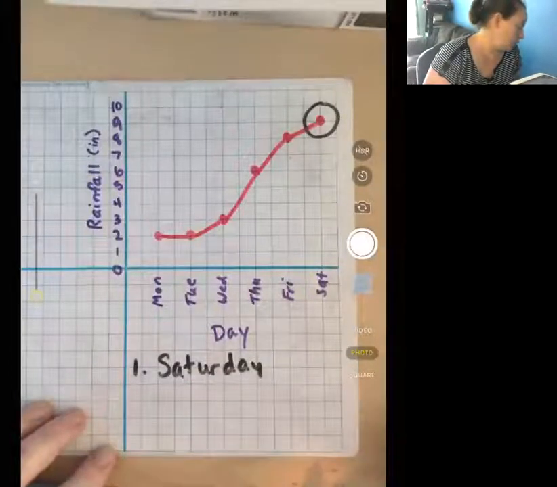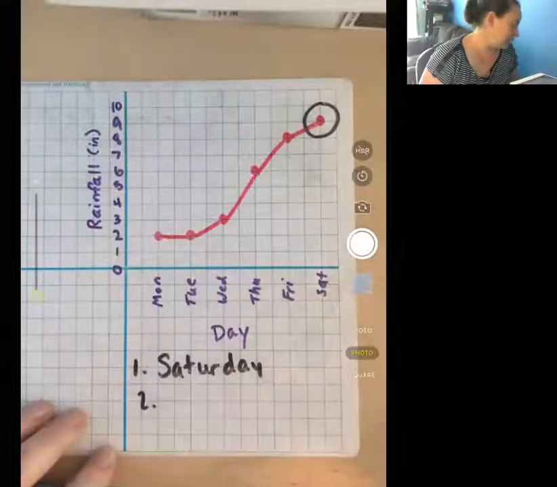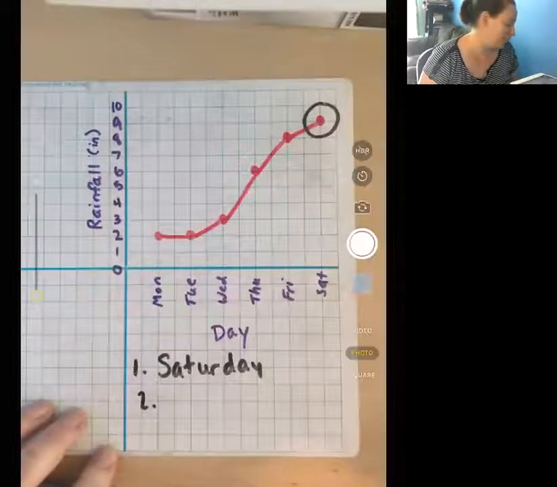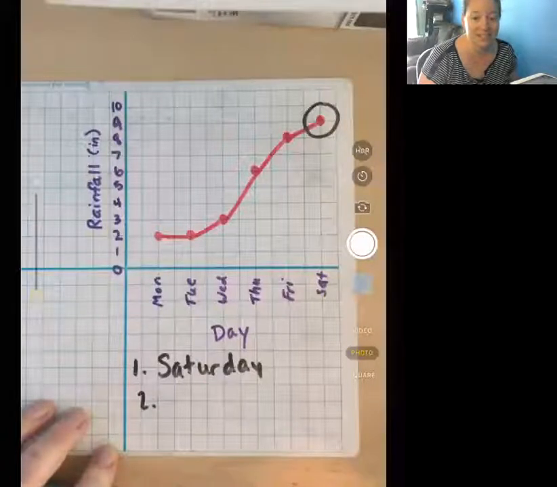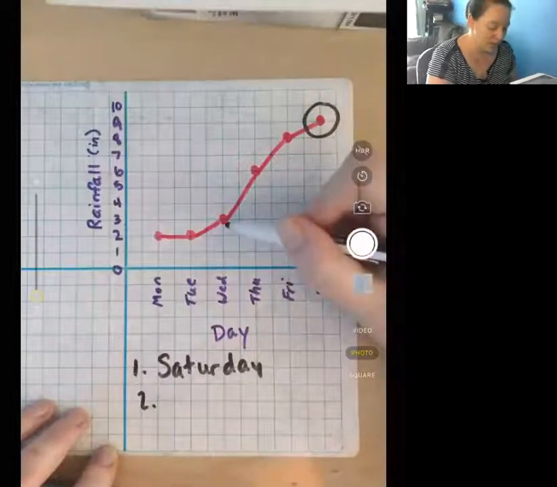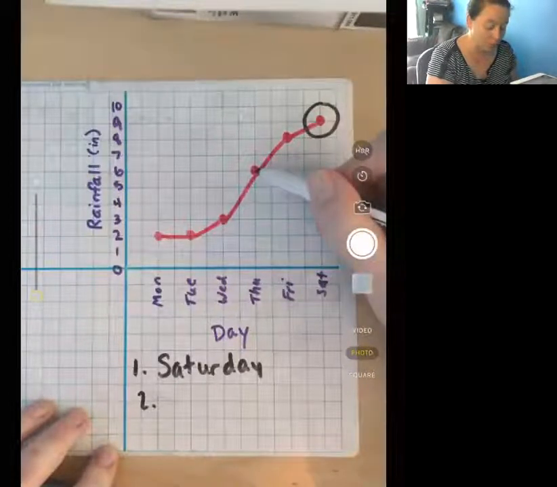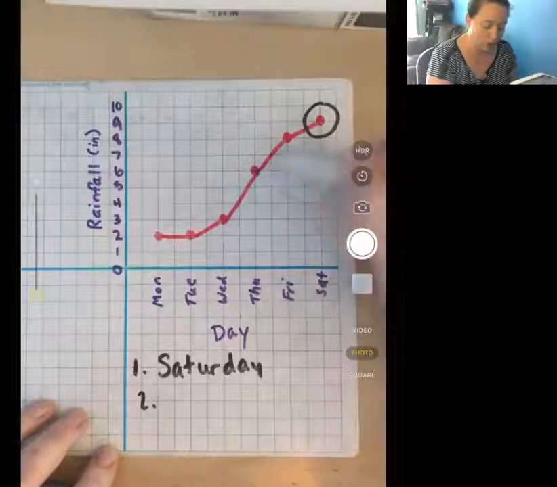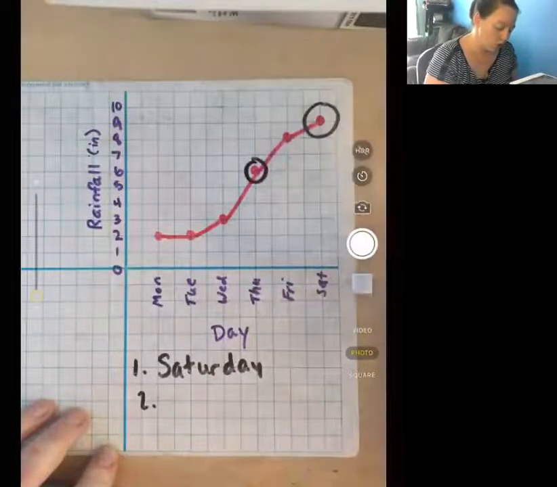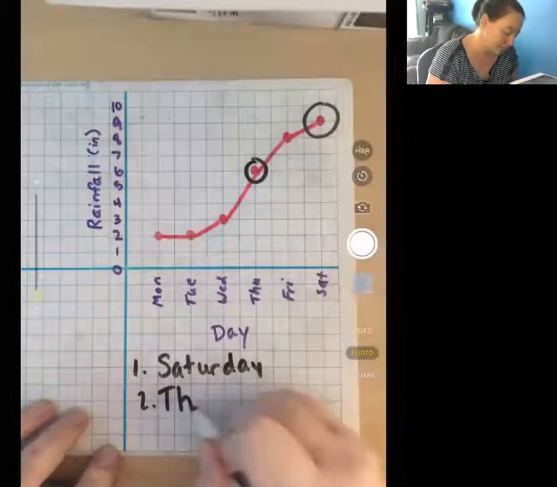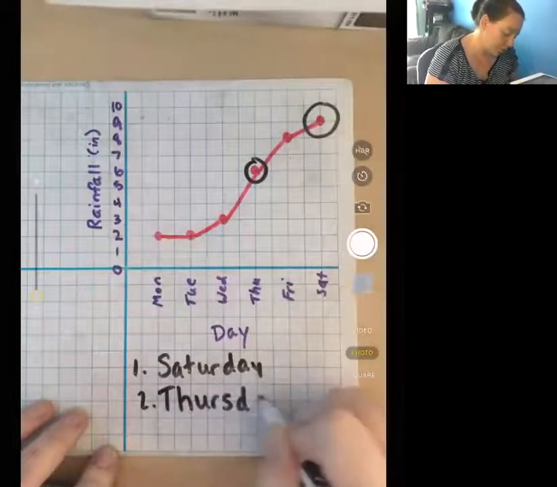Number 2, on which day did Jill record the greatest increase in rainfall collected from the previous day? So when did it start really jumping? Wednesday we were at here, and then we went up 3 by Thursday, and only 2 the next day. So on Thursday was the biggest jump.